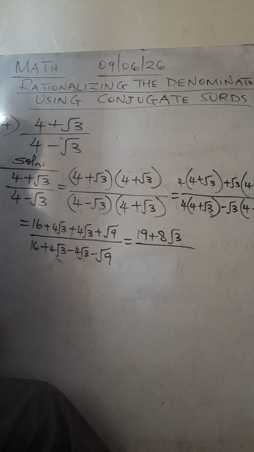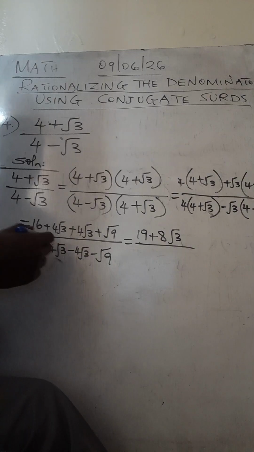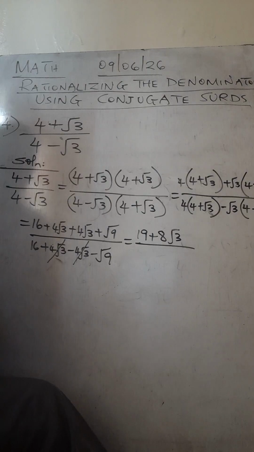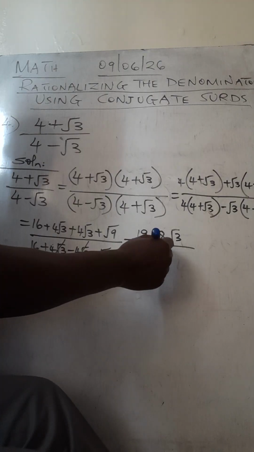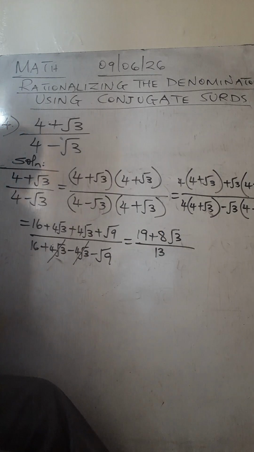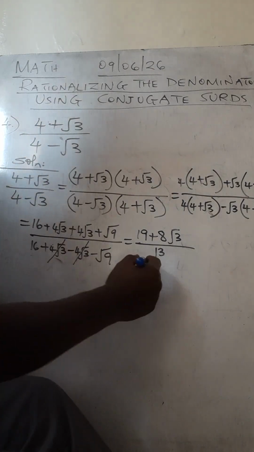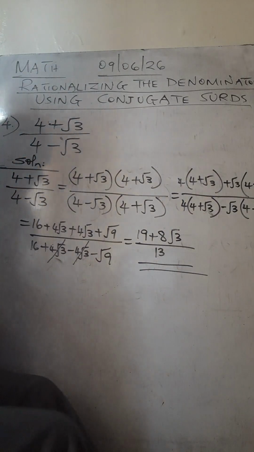Down here, this one cancels this because they are opposite in sign and equal in magnitude. So 16 minus square root of 9. 16 minus 3 is 13. That is what you get as your final answer.